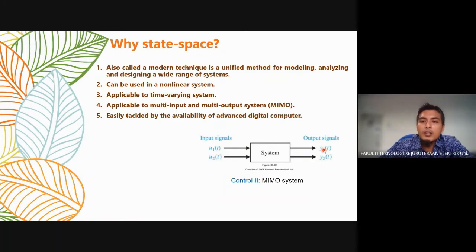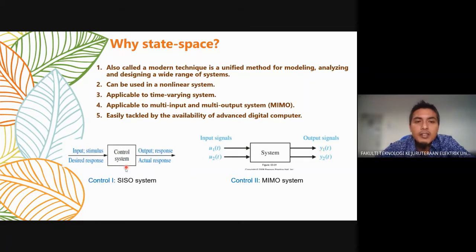In control one, this is the kind of system you learned: single input and single output only, if you still remember. For state space, you will learn up to multi-input and multi-output systems.